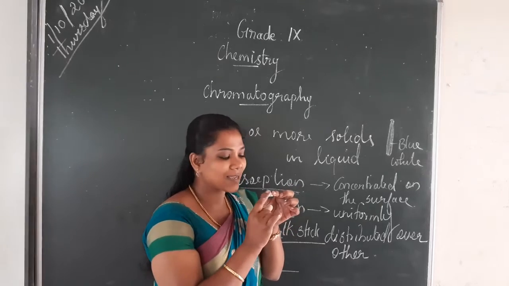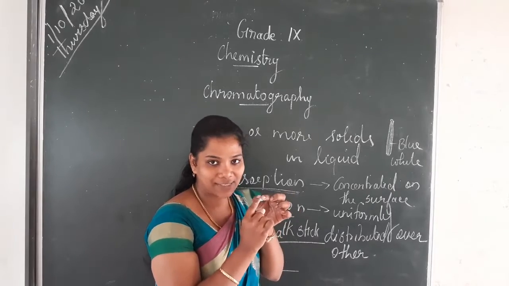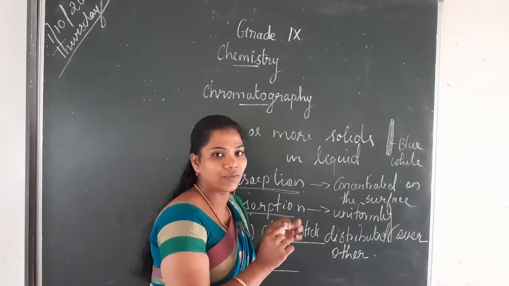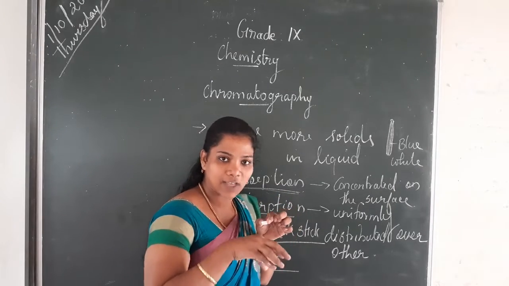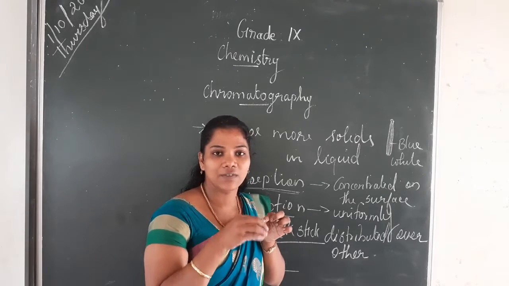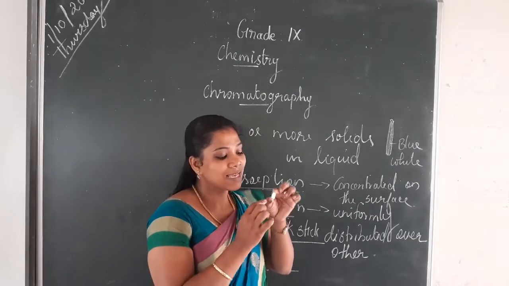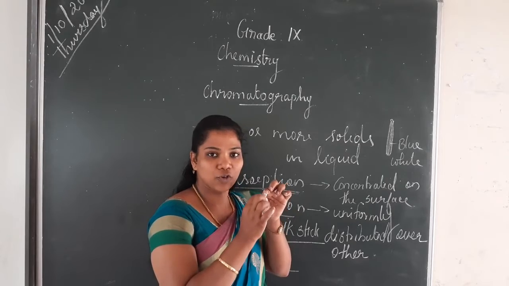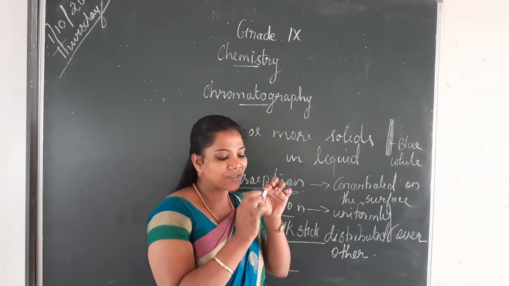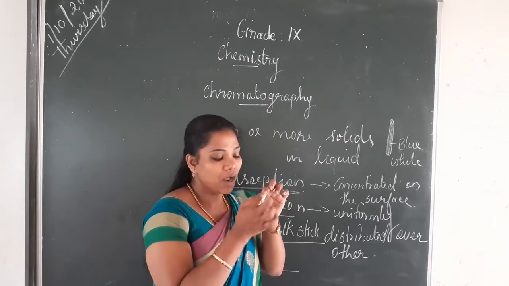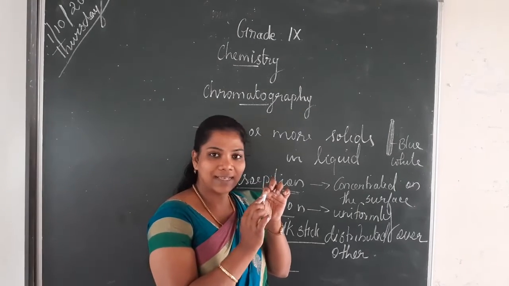All the dyes get trapped only on the surface of the chalk piece. Whereas the solvent, in which the dyes are dissolved, is uniformly distributed from top to bottom. The inner surface also has the solvent, but the solid particles are found only on the surface.